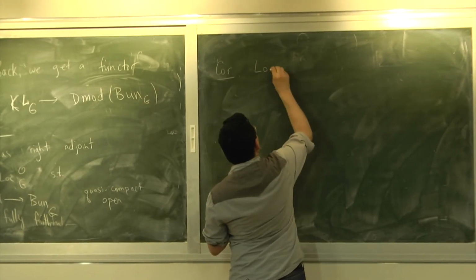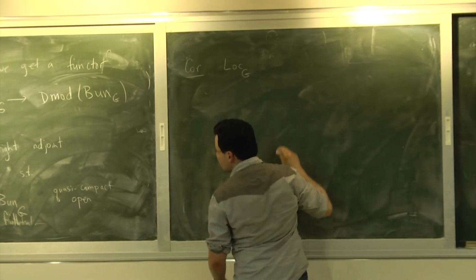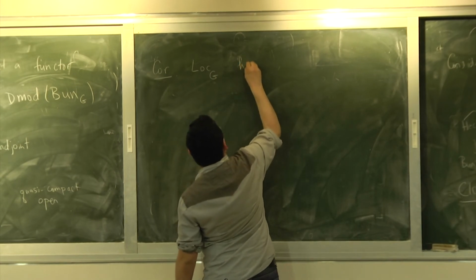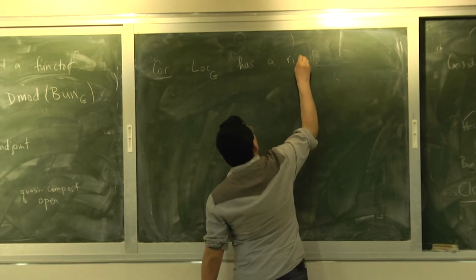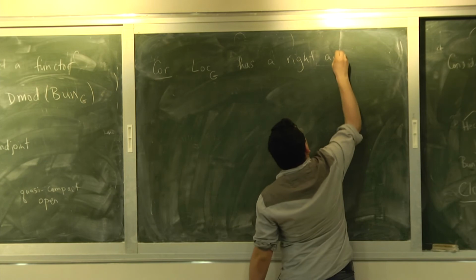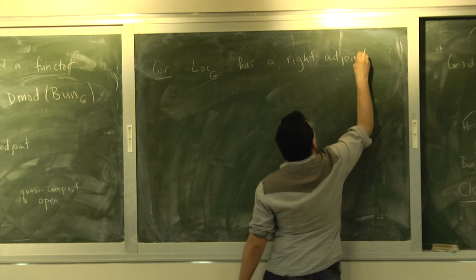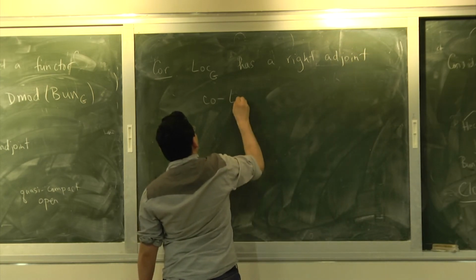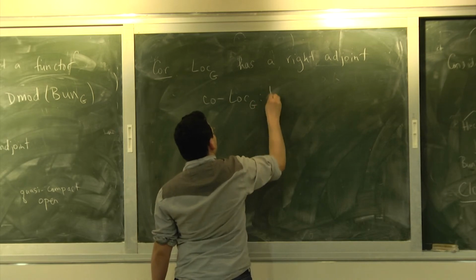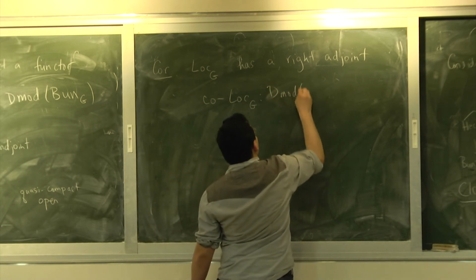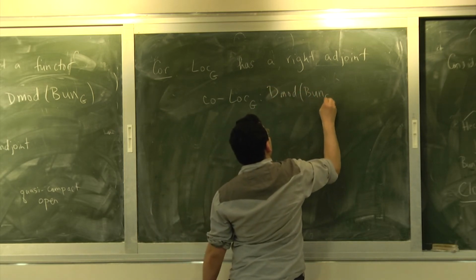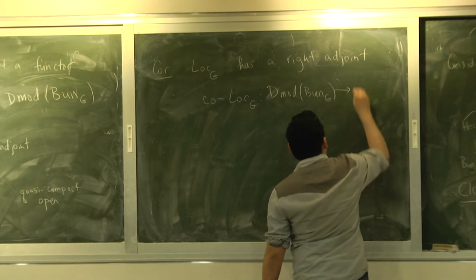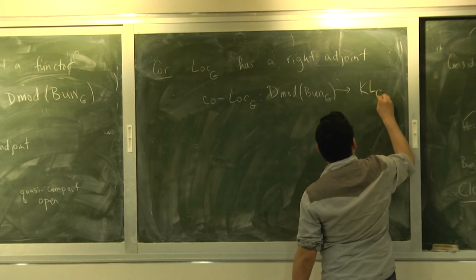So loc G has a right adjoint from D-modules on Bun-G to this KL category.